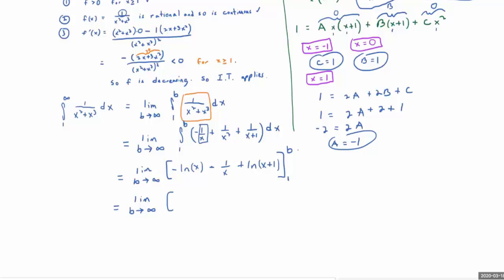Just plug in the upper limit first: negative natural log of b minus 1 over b plus the natural log of b plus 1. And then minus, what do we get when we plug in 1? That zeroes out, right? And then minus 1, and then plus natural log of 2, all in parentheses though.